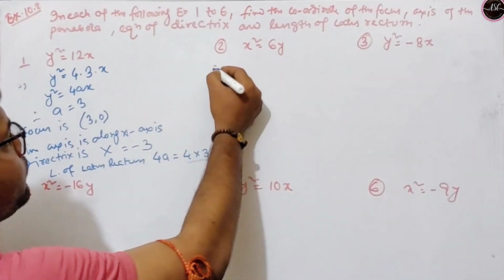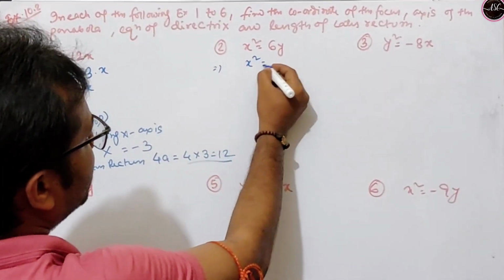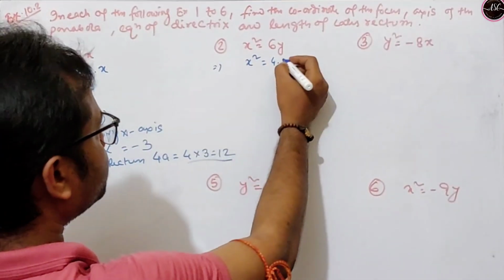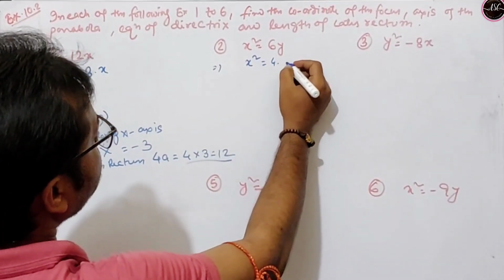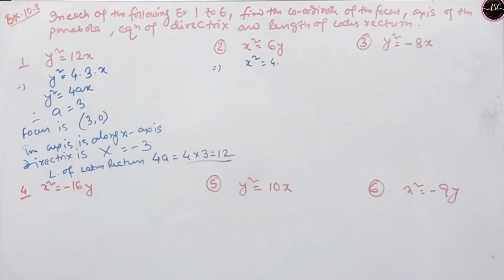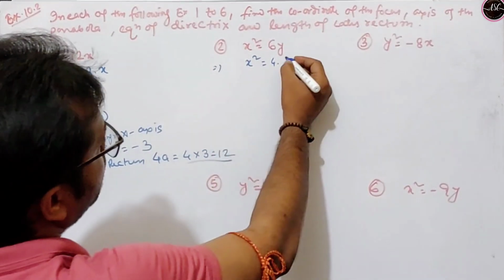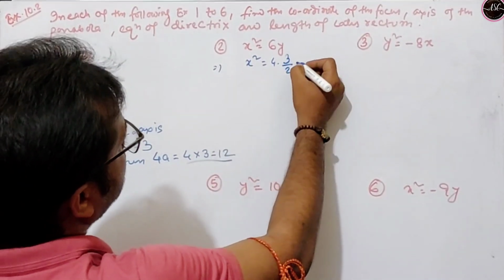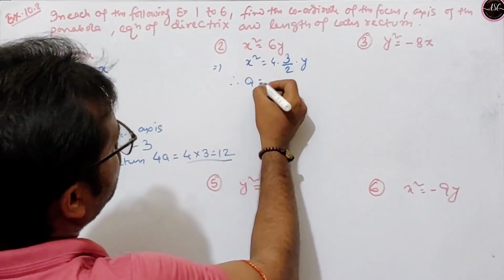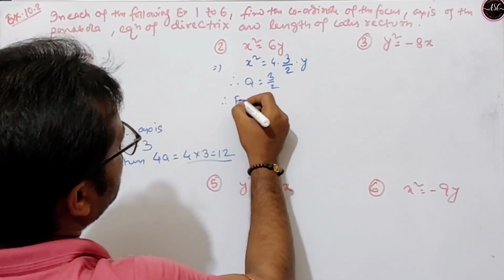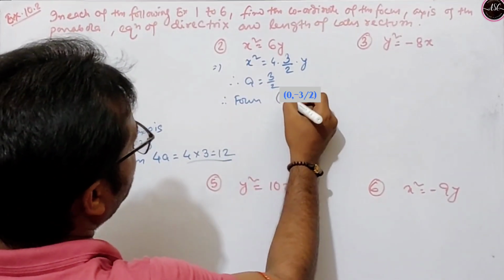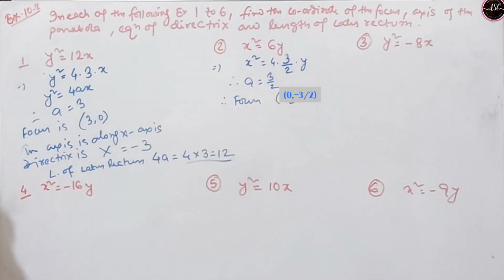And for the next, this is written as 4 dot 3 by 2 into y. So here a equal to 3 by 2. Therefore the focus is (0, 3 by 2).